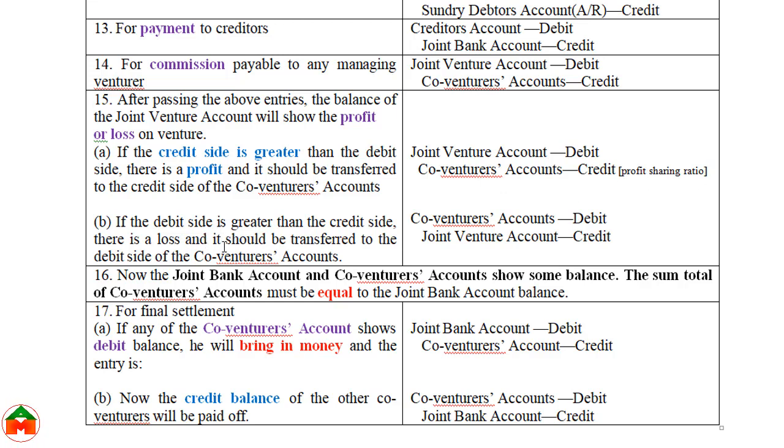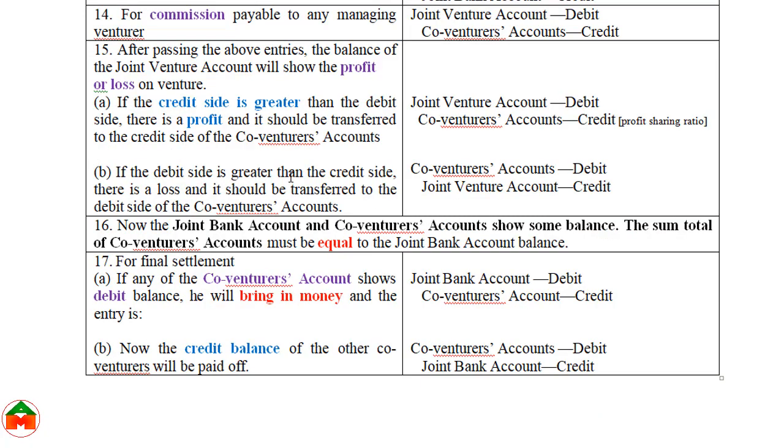But if there is a loss, if the debit side is higher, then the journal is co-venturers account debit, joint venture account credit. After doing the journals and ledger, the joint bank account and co-venturers accounts will show the same balance. The sum total of co-venturer accounts must be equal to the joint bank account.